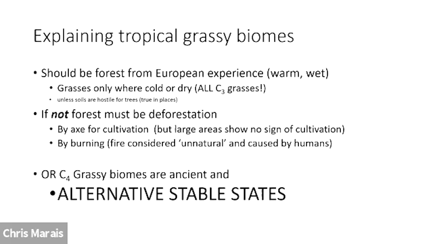What we've realized in the last 20 years or so is that these grassy biomes, these C4 grassy biomes, they're ancient. They're ancient. And when you see a forest and the grasslands, we're now calling these alternative stable states. So savannas and forests, we call alternative biome states.